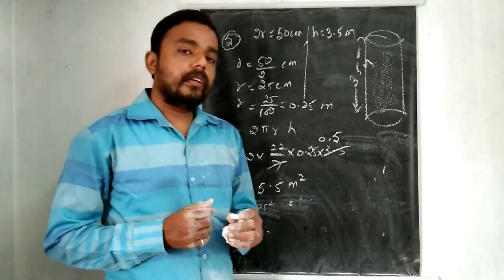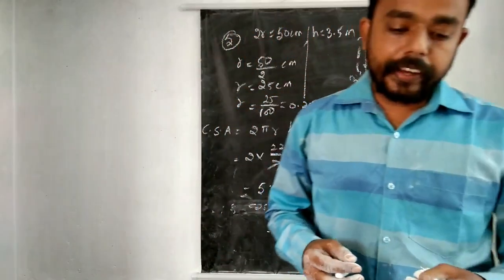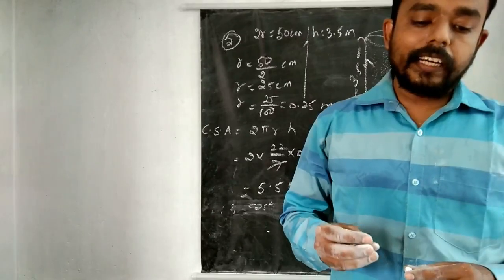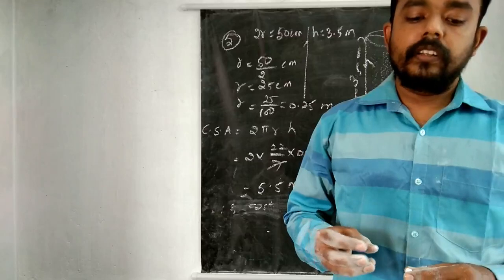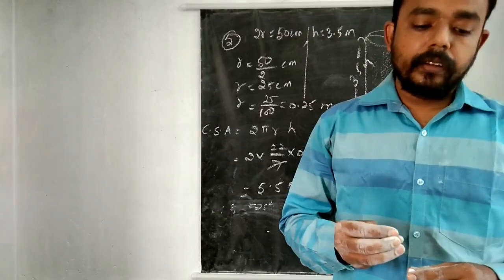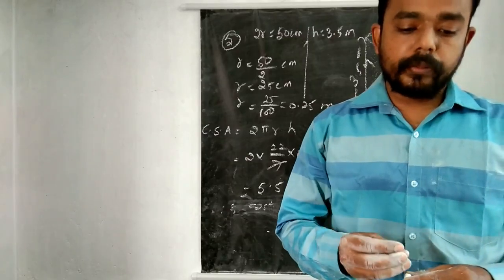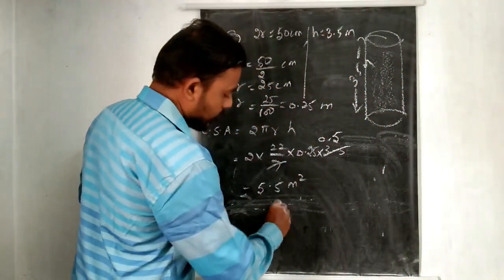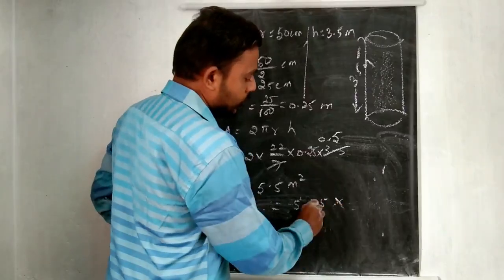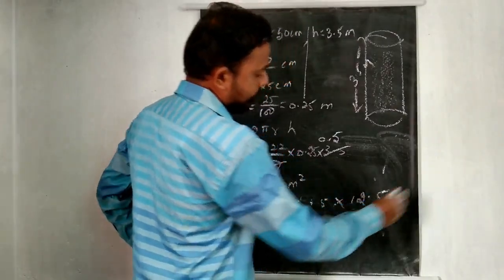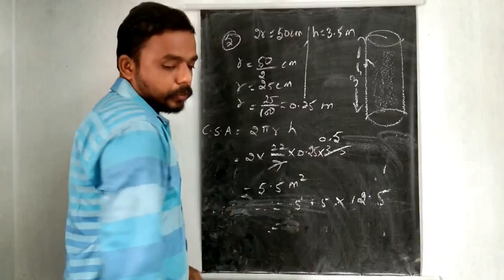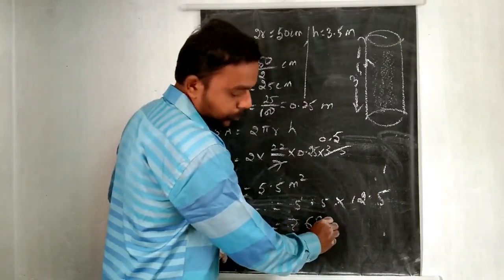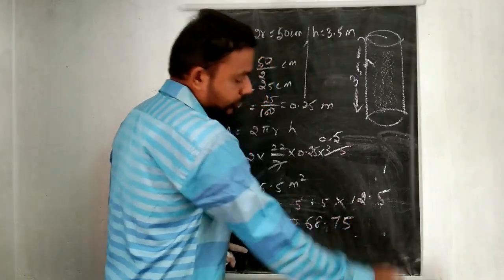So you may go to your question: find the cost of painting the curved surface area of the pillar at the rate of 12.5 per meter square. The cost of painting the pillar at the rate of 12.5 per meter square is equal to 5.5 into 12.5. After finding this product, you may write it to be 68.75. This is the answer.